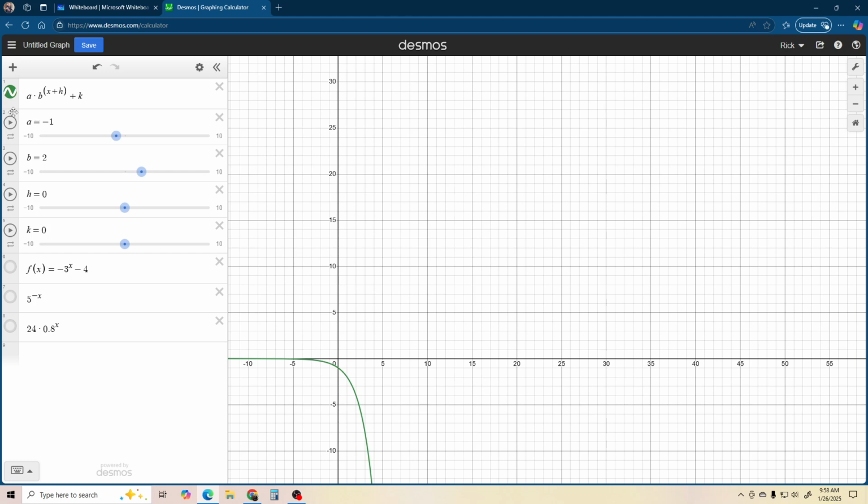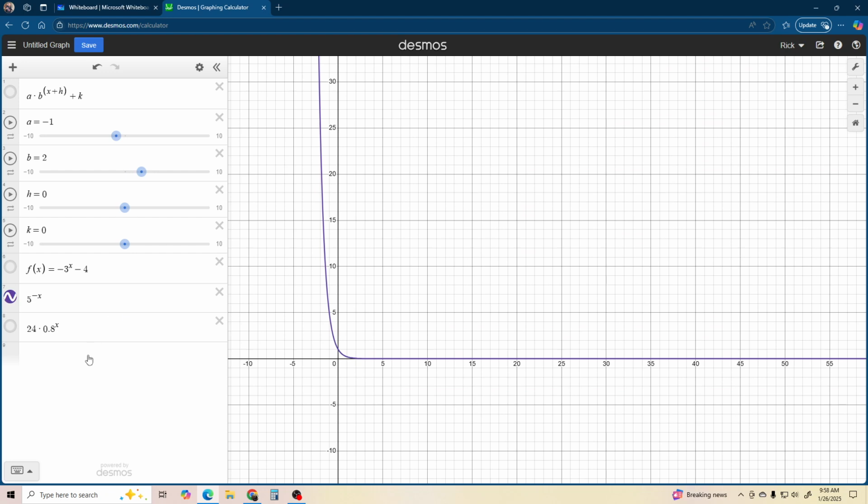Don't worry about this graph, I'm going to get rid of it. So let's do 5 to the negative x. You notice how this looks like decay? And I'm telling you this negative x is the reason why it looks like decay. But the 5 is saying that it's decaying 5 times as fast. That's the way of looking at it.